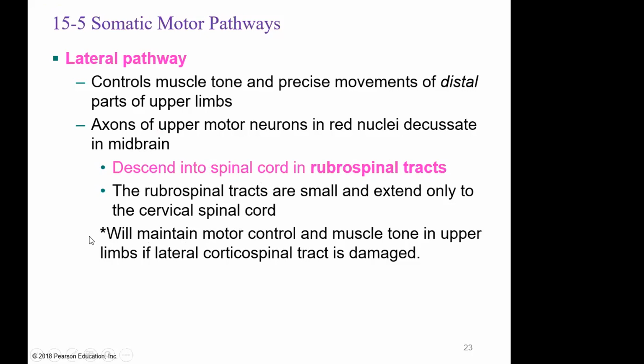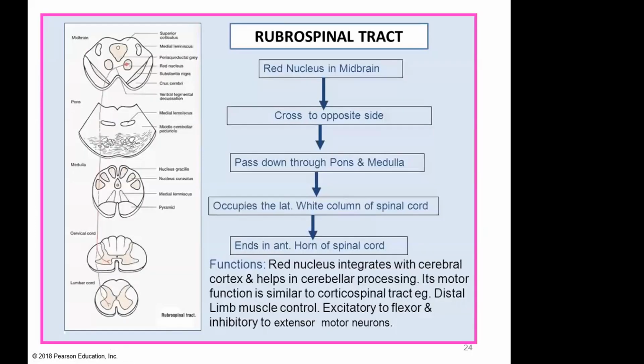I'll put a little asterisk here because they will maintain the motor control and the muscle tone in the upper limbs if the lateral corticospinal tract is damaged. The corticospinal tract was the very first one that we talked about at the beginning, controlling those voluntary movements. If something happens to it, then this lateral pathway can take over to help maintain that control.